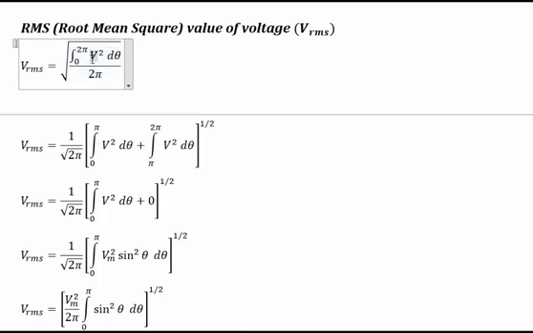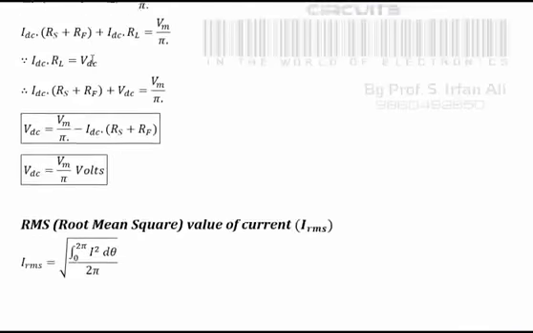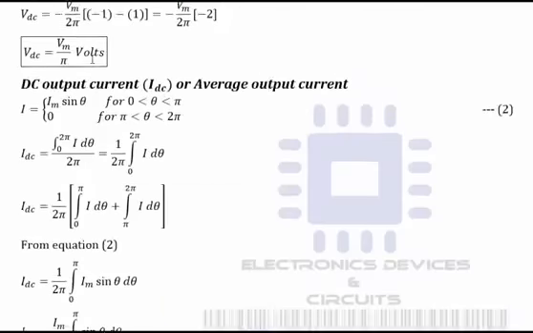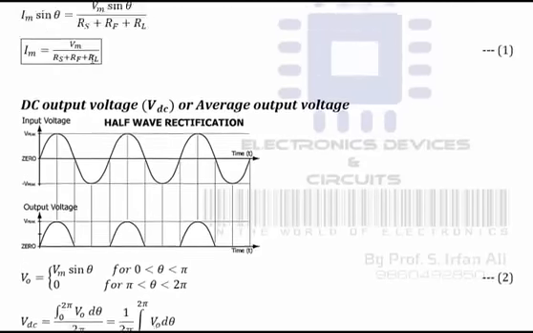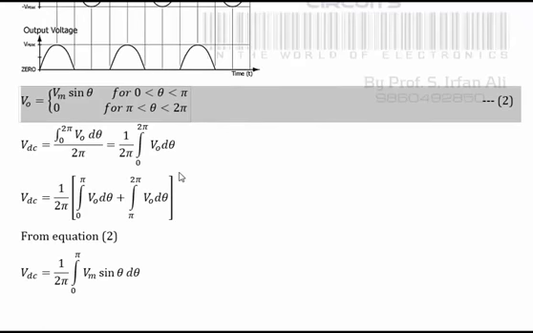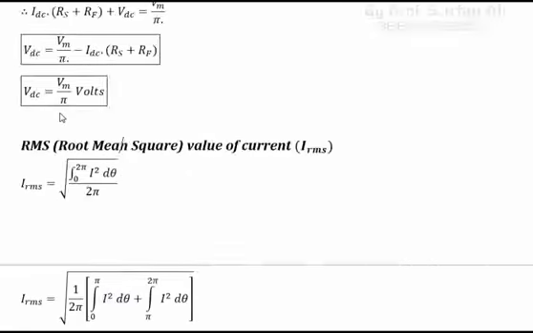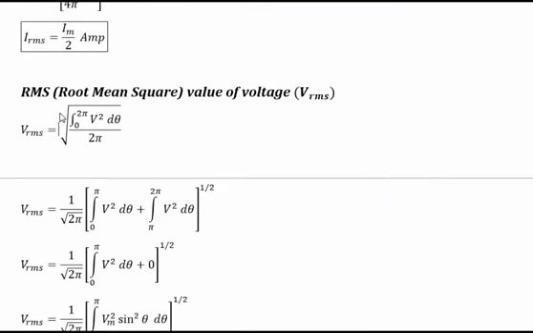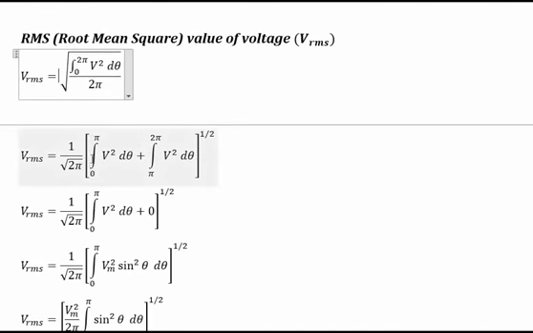Now we know that V will have the same equation as we had previously. That relation was V equals Vm sin theta for the limit 0 to pi, and it is 0 for pi to 2 pi, so this equation remains the same. V has two different natures, sinusoidal for this range and 0 for the remaining range, so we have to divide the integration into two parts.